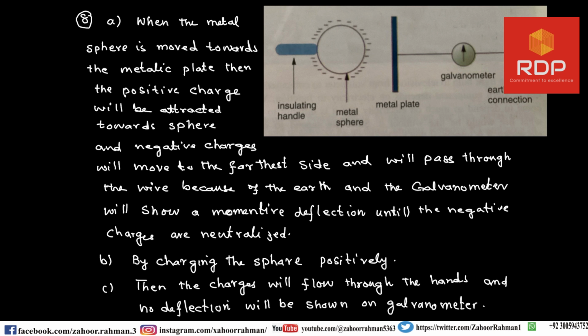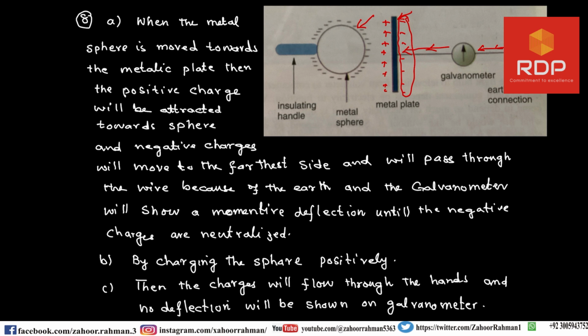So here, when this negatively charged sphere is brought near to this metal plate, positive charges will be attracted and negative charges will be deflected to the farthest side of this metal rod. Now from the earth, a positive charge will be moving in this direction to neutralize these negative charges.